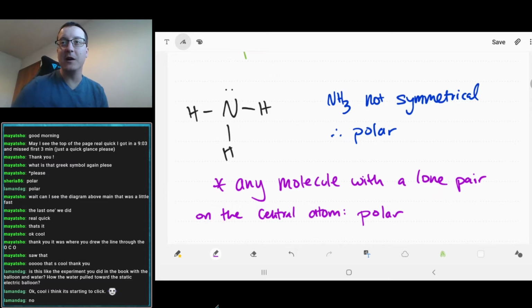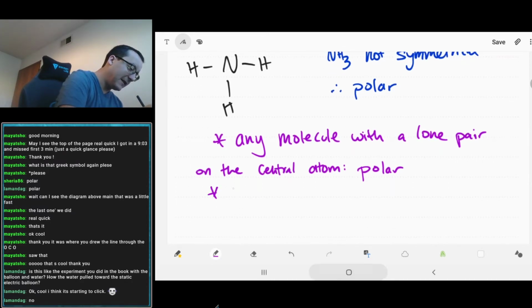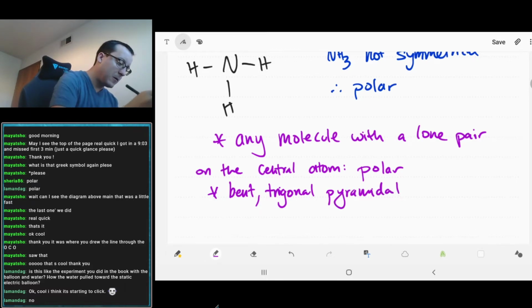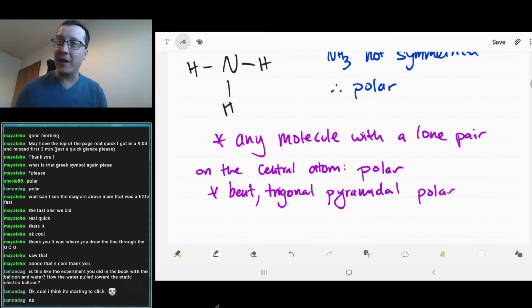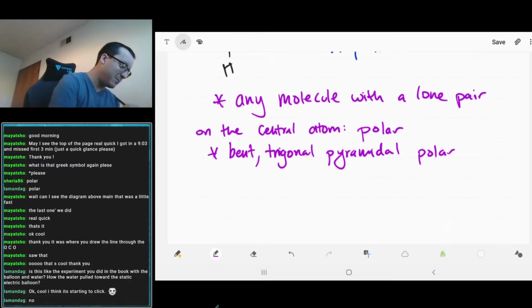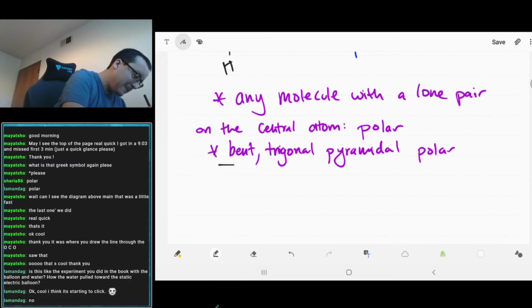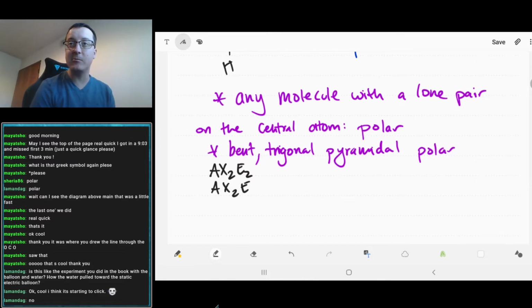Easy way for us to remember that. So that also tells us that anything that's bent or trigonal pyramid will be polar as well. Because remember, those geometries require that we have a lone pair. Remember that bent could be these two, right?